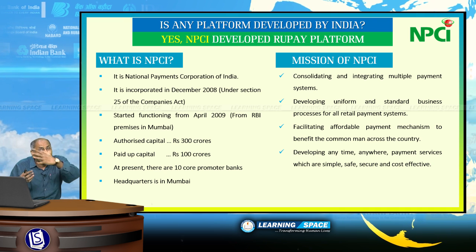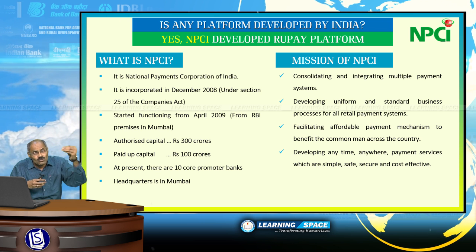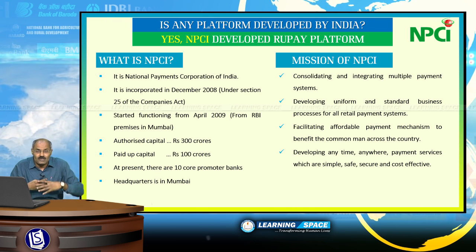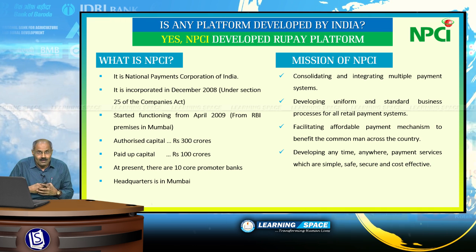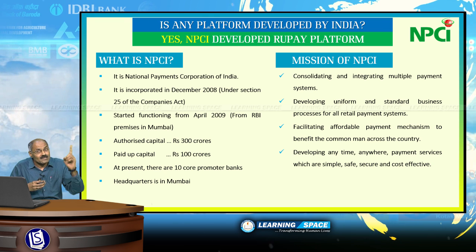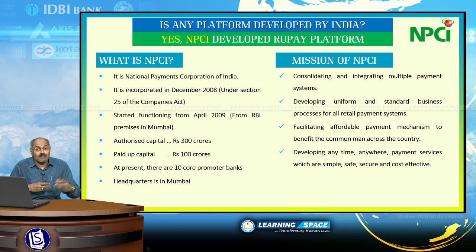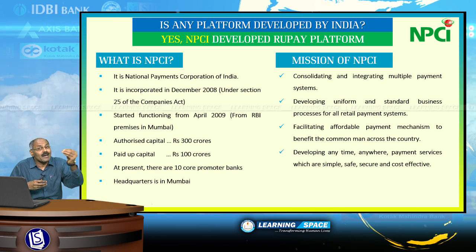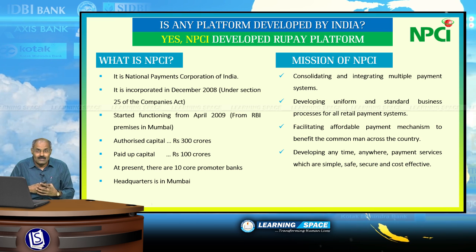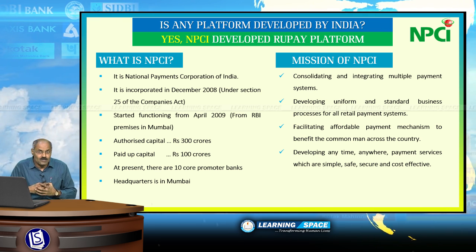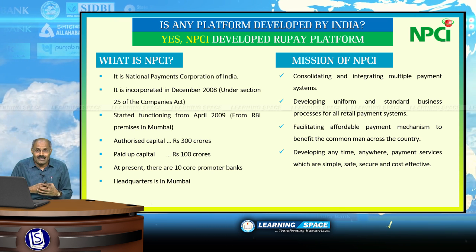NPCI was established in the year 2008 and started functioning from 2009, and it was started by 10 core promoter banks, not by RBI. It was established by 10 core promoter banks with authorized capital of 300 crores and paid up capital of 100 crores. At present, there are 10 core promoter banks who promoted NPCI, and the headquarters is in Mumbai.